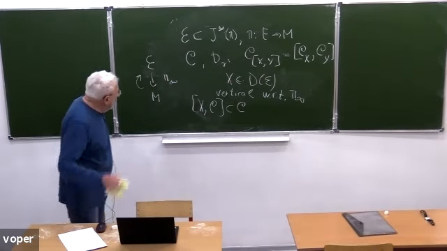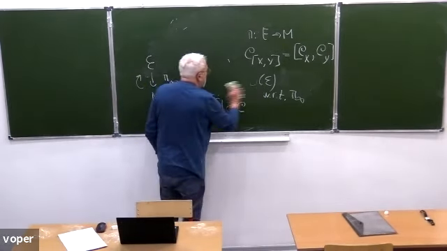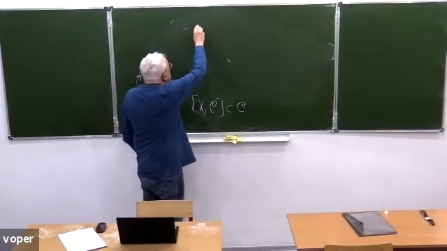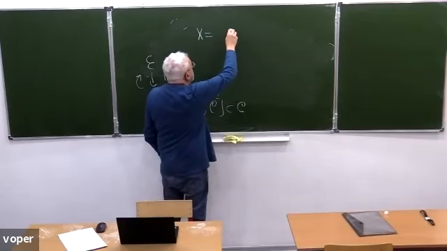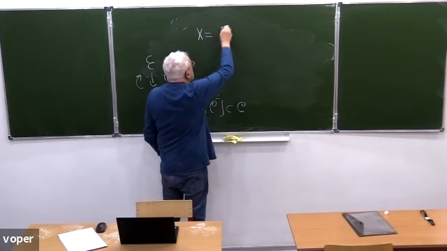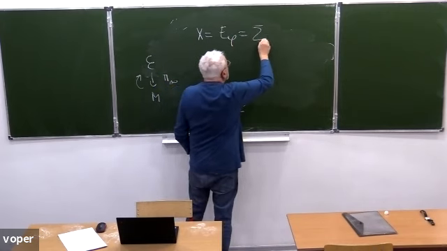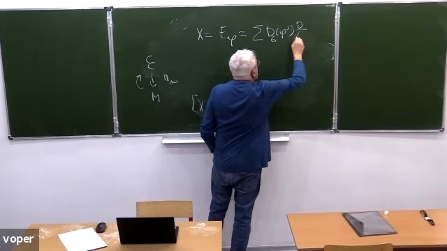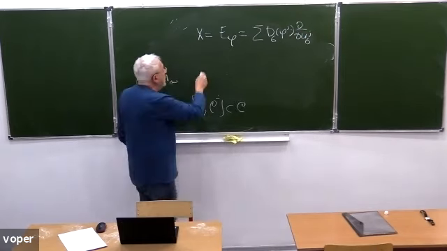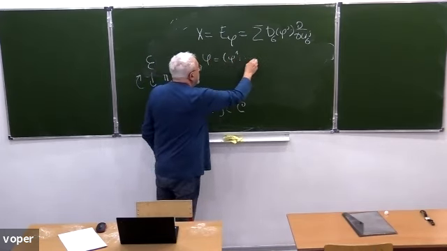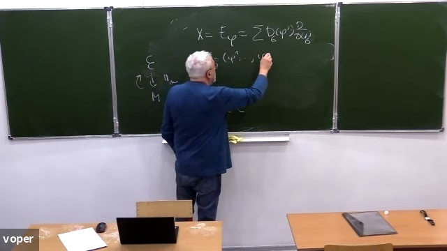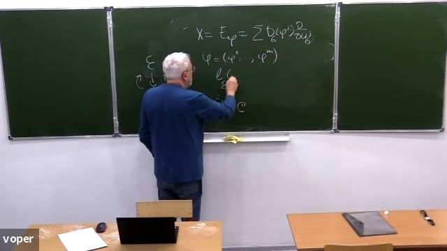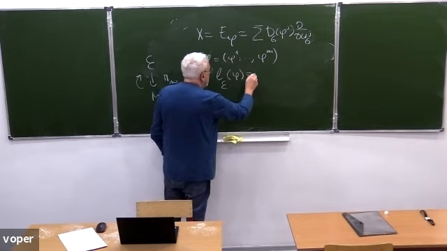So locally, any symmetry is of the form of an evolution vector field where the vector function phi satisfies the linearized equation.